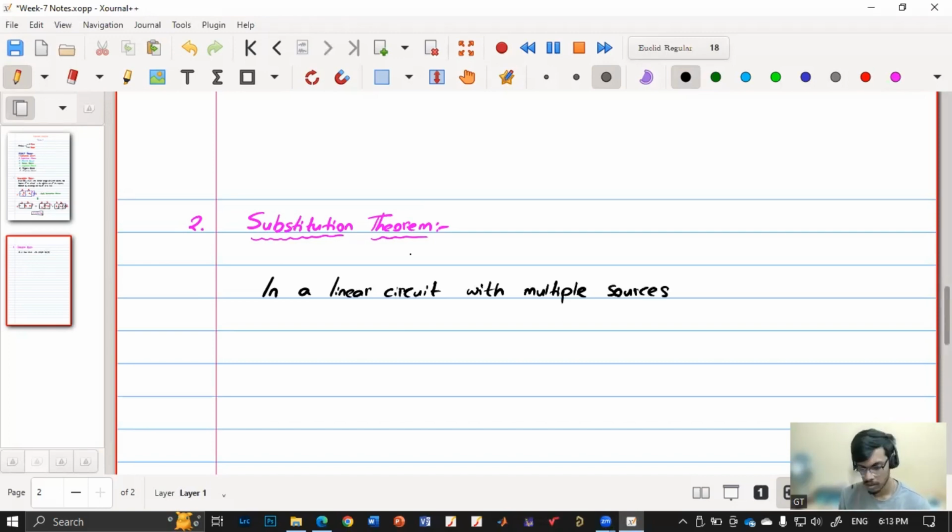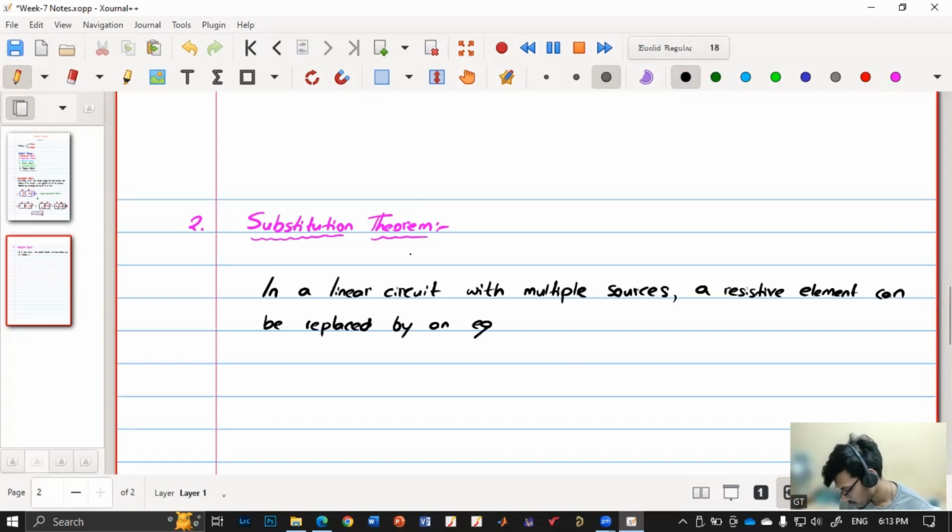A resistor element can be replaced by an equivalent voltage source or current source.